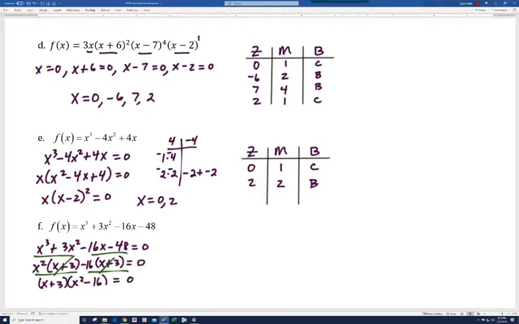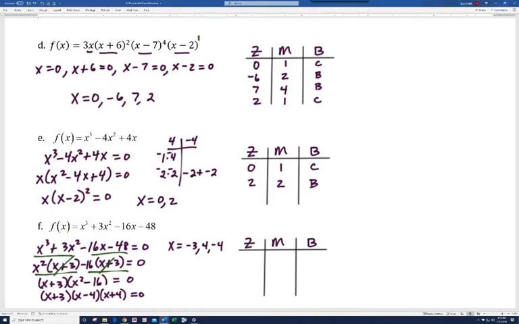And so when we factor this, we end up with (x + 3)(x - 4)(x + 4), which makes our zeros -3, 4, and -4. When you do your ZMB chart, let's put in our zeros. They each have a multiplicity of 1, which means on the graph we're going to cross at each of those corresponding x-intercepts. All right, and that's it for this video.